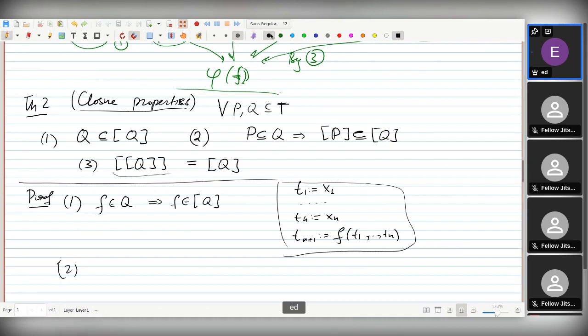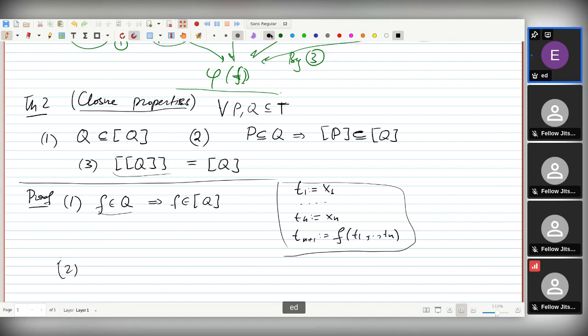I need to prove that every function from the base set is computable. Easily it is computable with this circuit. Do you agree? Is it clear? It must be clear. It is very easy.